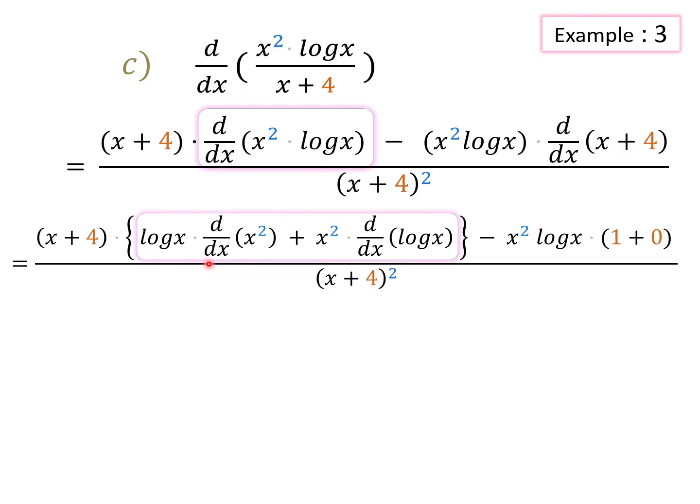So we are getting log x d/dx of x square plus x square d/dx of log x after applying the product rule. So we are applying the product rule inside the quotient rule. So if there is a product of two terms, we have to do that also.